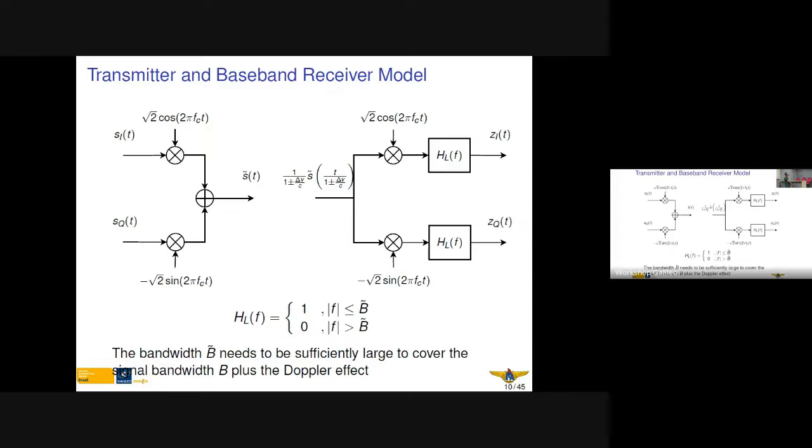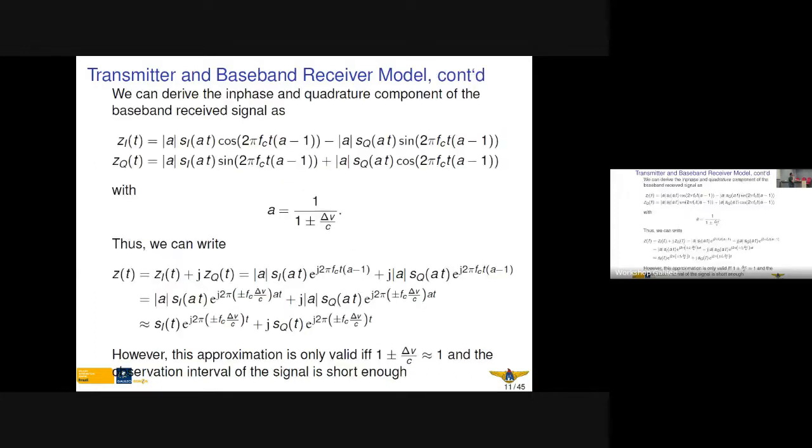This is to filter out higher order harmonics that are created by the multiplication with cosine and sine, and afterwards we receive the down converted in-phase and quadrature signals z_I and z_Q.